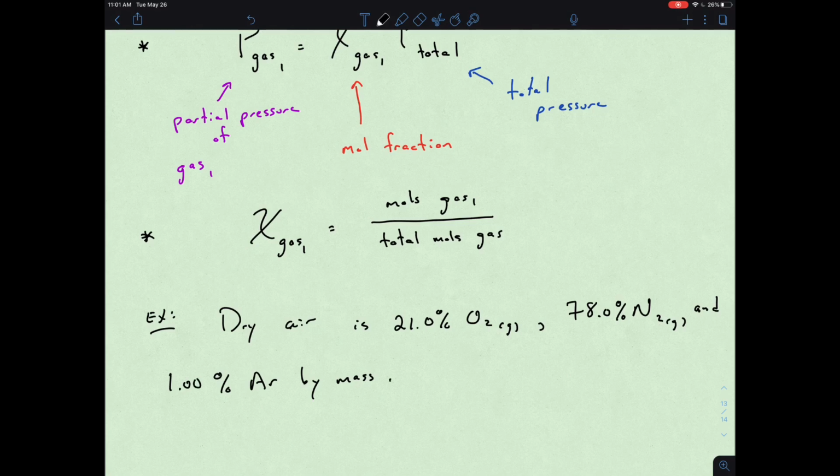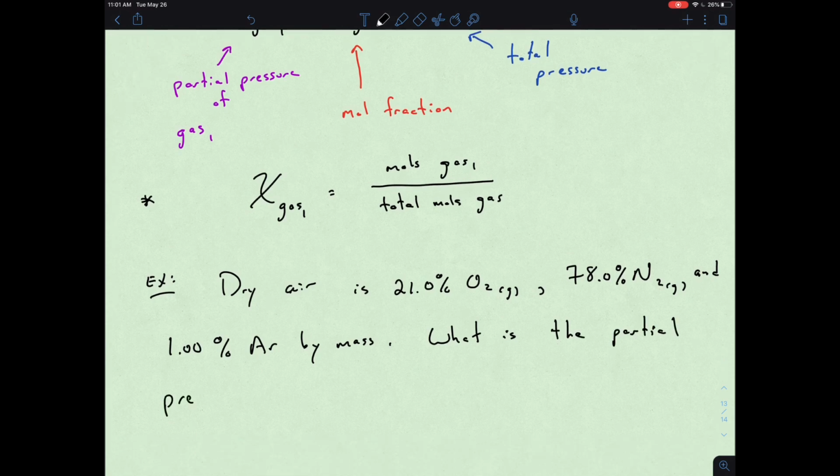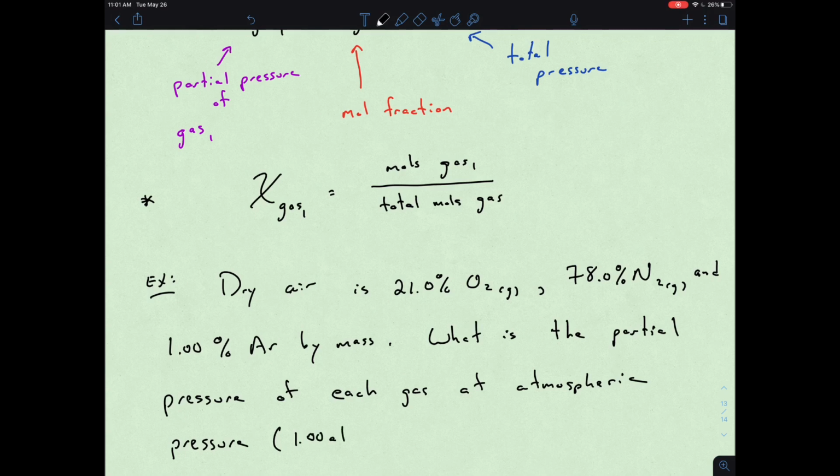So dry air is 78% nitrogen, 21% oxygen and 1% argon by mass. What is the partial pressure of each gas at atmospheric pressure? Or 1 atmosphere.